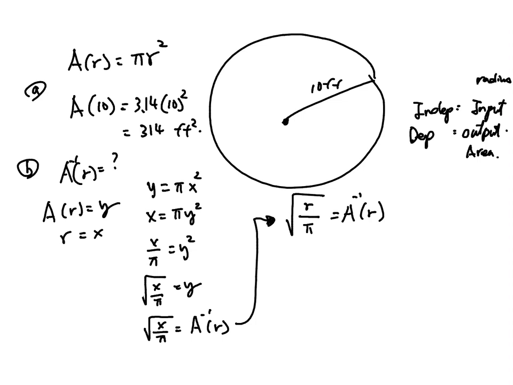So the inverse A inverse of R, that's the inverse function. The output for the inverse function is the input of the original, which means this is the radius. And the R, in this case, from the inverse function, is actually going to be our area.